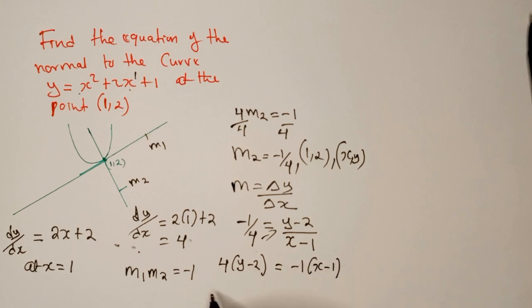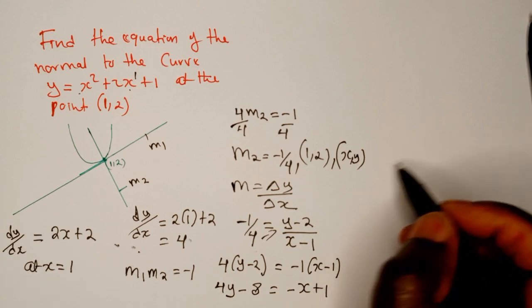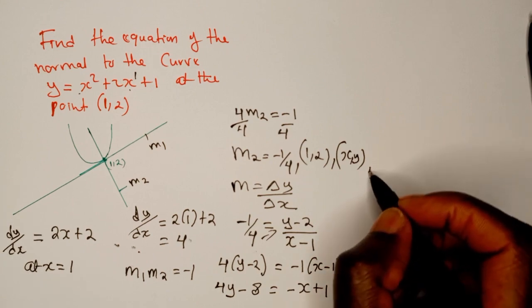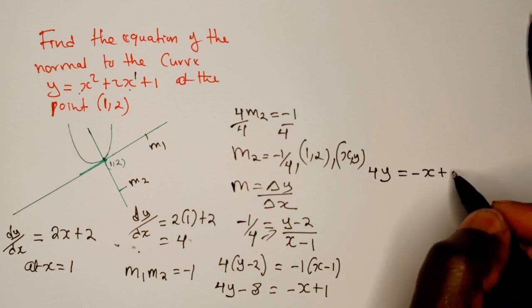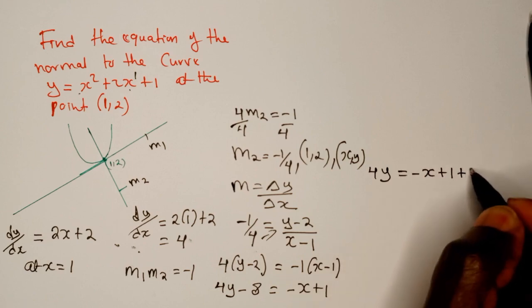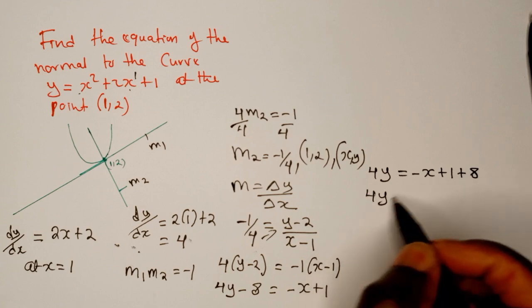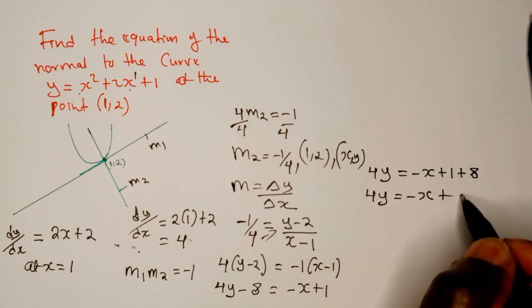So we open the bracket, this will be 4y minus 8 is equal to minus x plus 1. So this can be simplified further as 4y is equal to -x plus 1 plus 8. So this will be 4y is equal to -x plus 9.